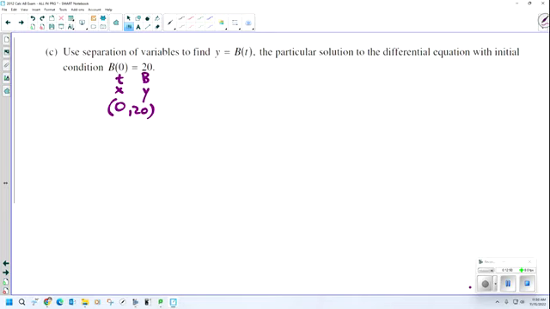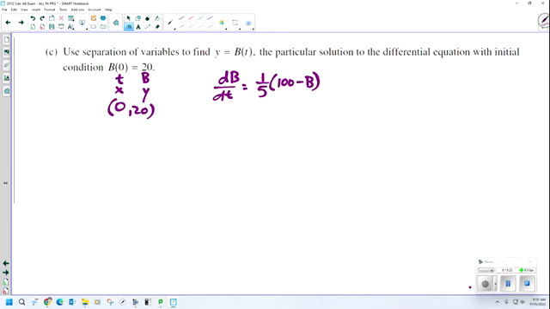All right, so first of all, I know that dB/dt, this was given to us, is 1/5 times 100 minus B. Solution to differential equation, separation of variables, meaning I've got to get my dB on one side with my B variable, and I need to get the dt on the constant with the other side.